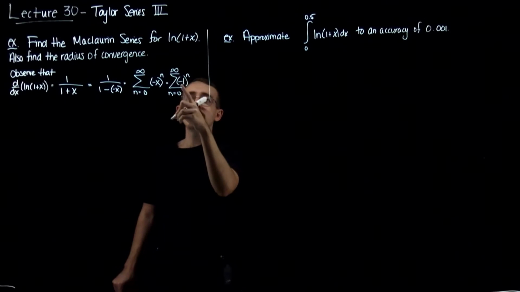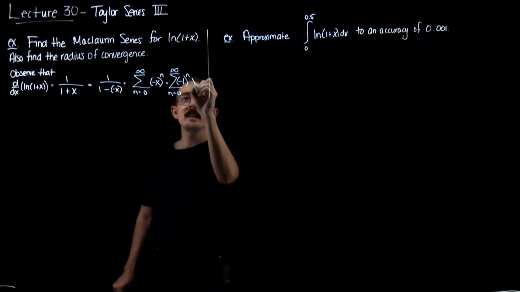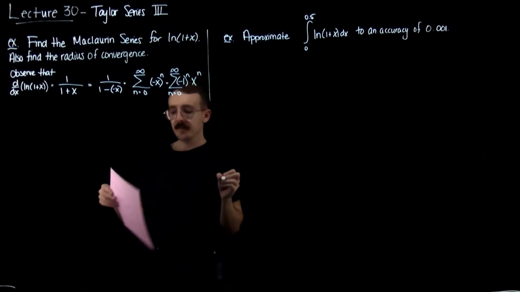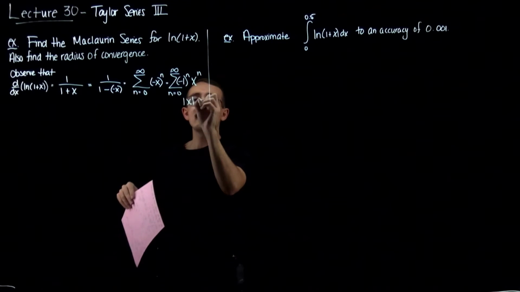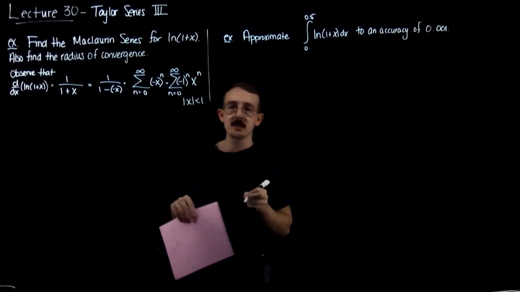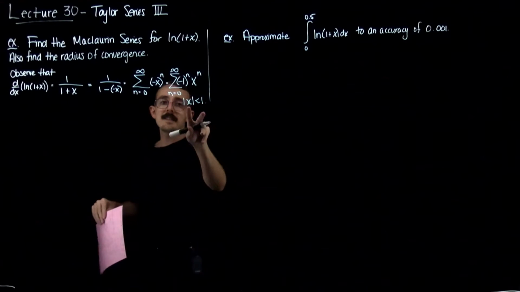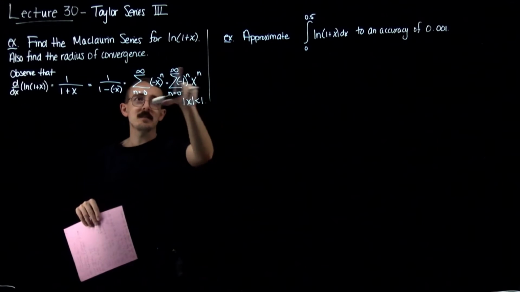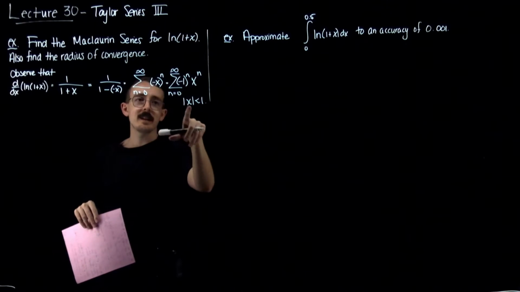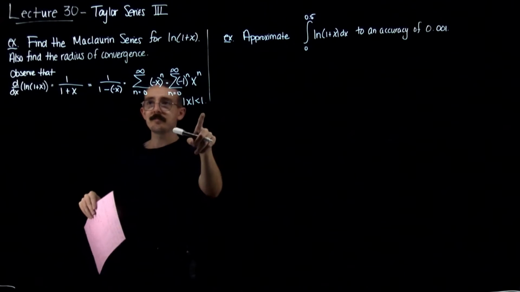So I have negative 1 to the n, x to the n. And this will be valid for when the absolute value of x is less than 1. So this is the radius of convergence for this series right here. So r would be 1.